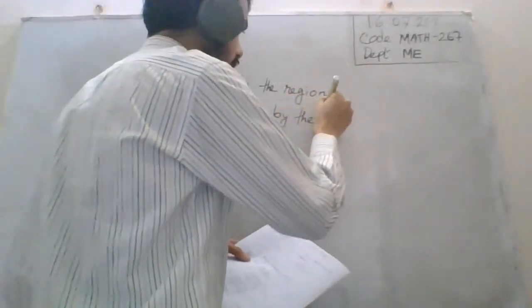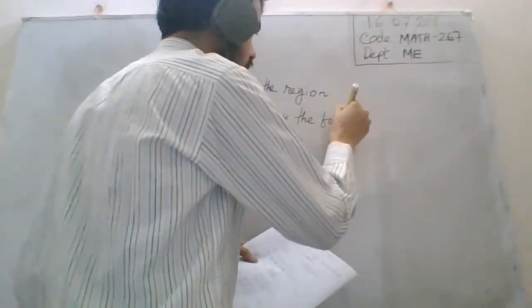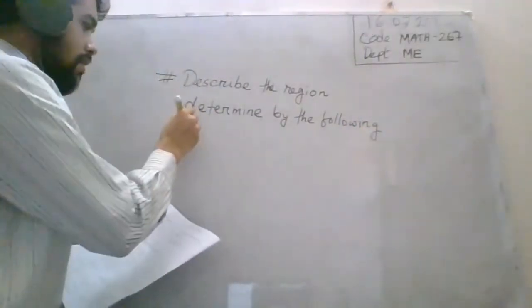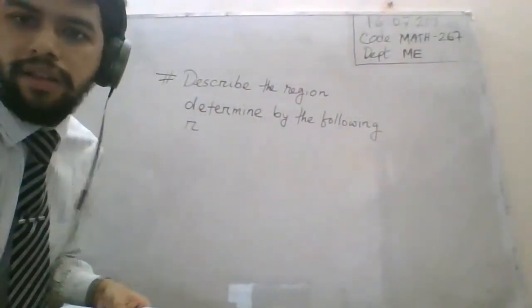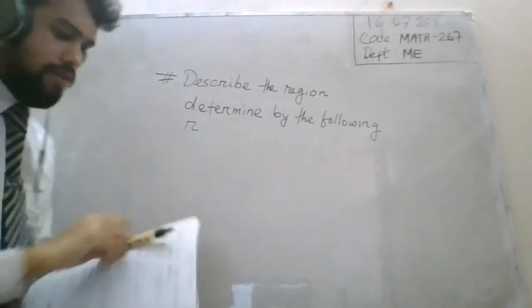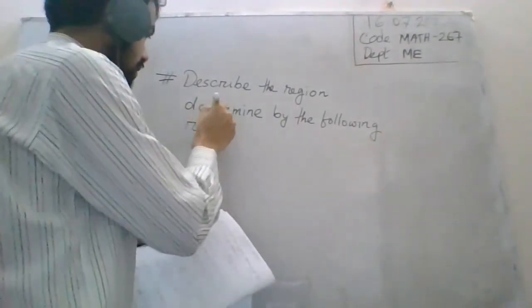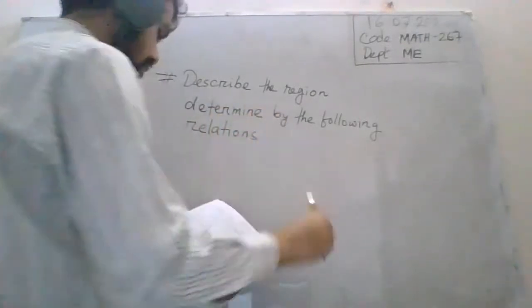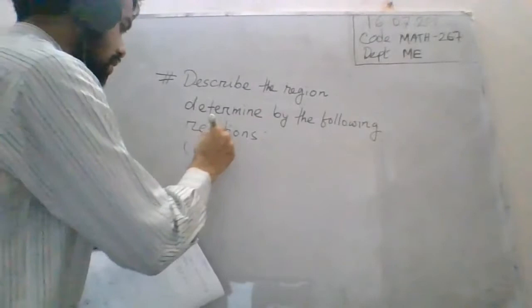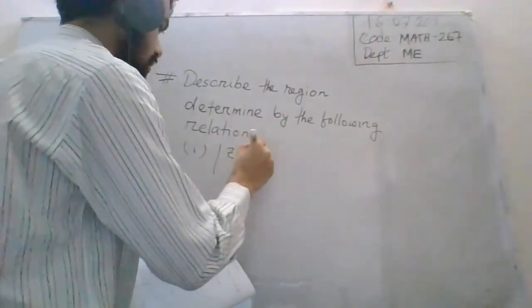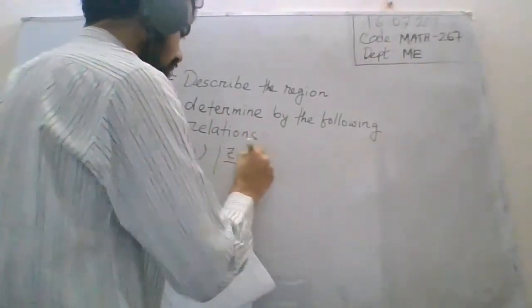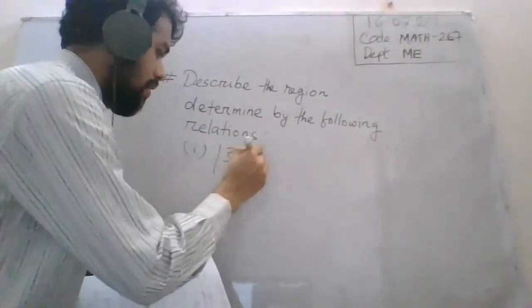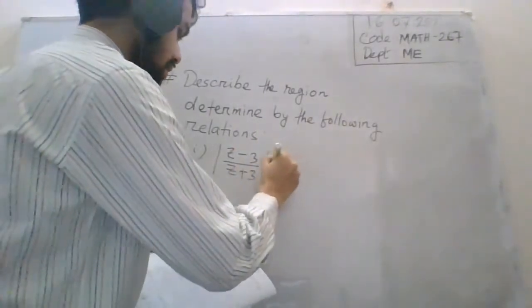The following: mod of (z minus 3) over (z plus 3) is 2.